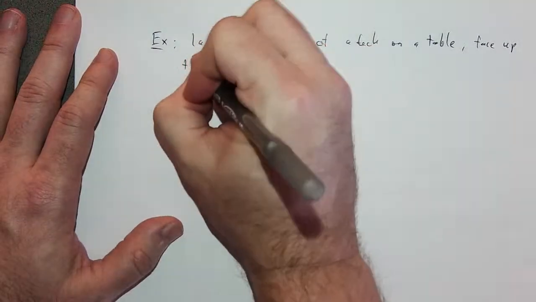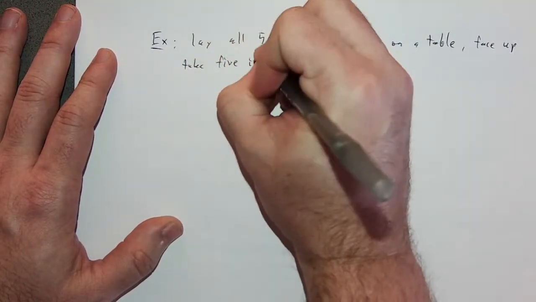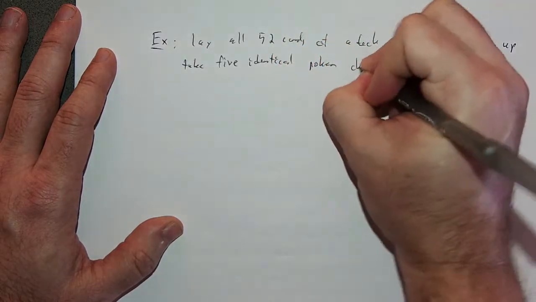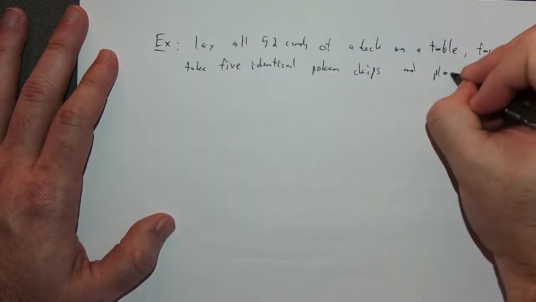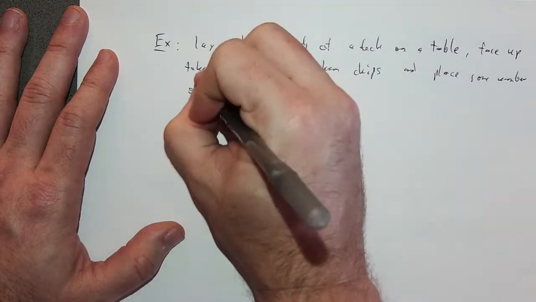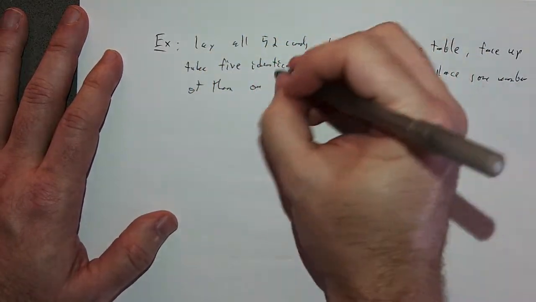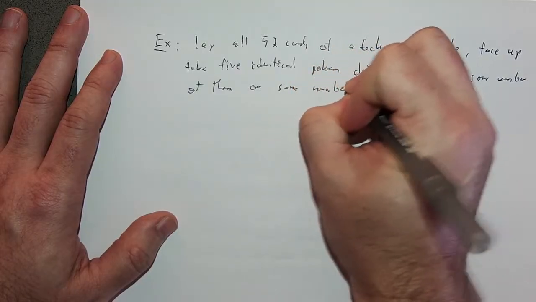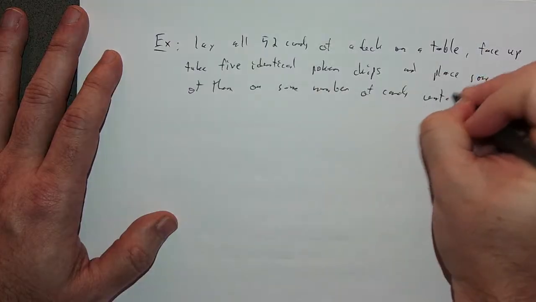Take 5 identical poker chips and place some number of them on some number of cards until all chips are placed.